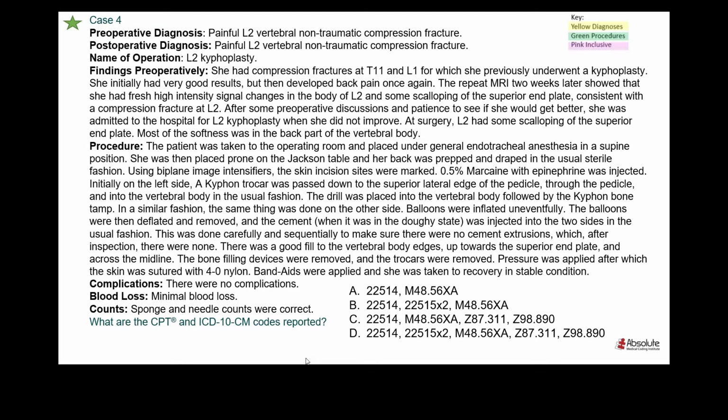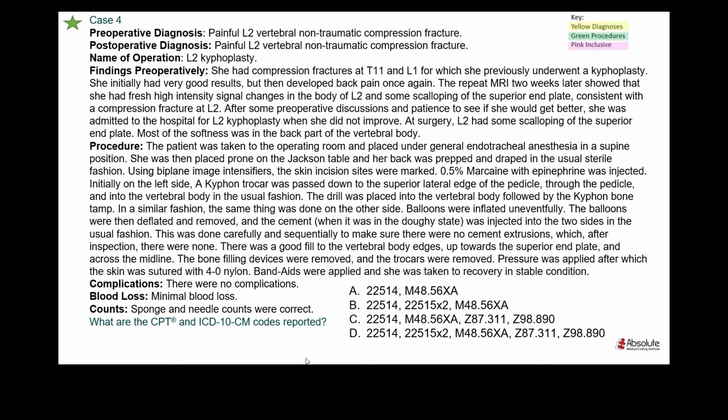She was then placed prone on the Jackson table and her back was prepped and draped in the usual sterile fashion using biplane image intensifier. The skin incision sites were marked, 0.5% Marcaine with epinephrine was injected initially on the left side. A Kyphon trocar was passed down to the superior lateral edge of the pedicle, through the pedicle and into the vertebral body in the usual fashion.